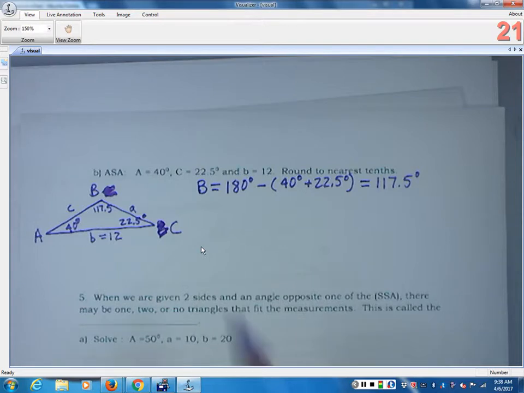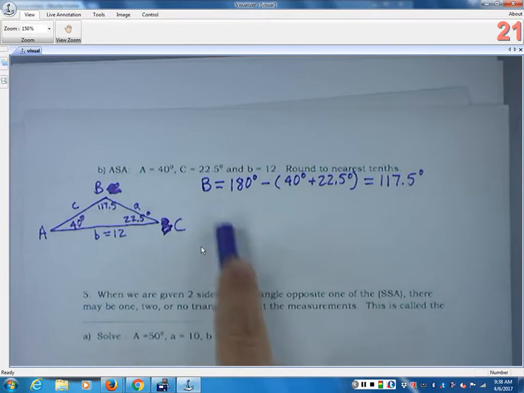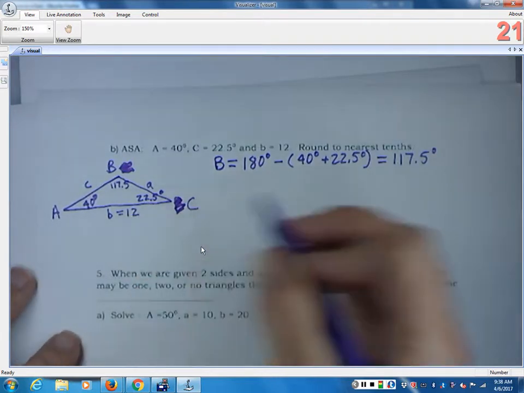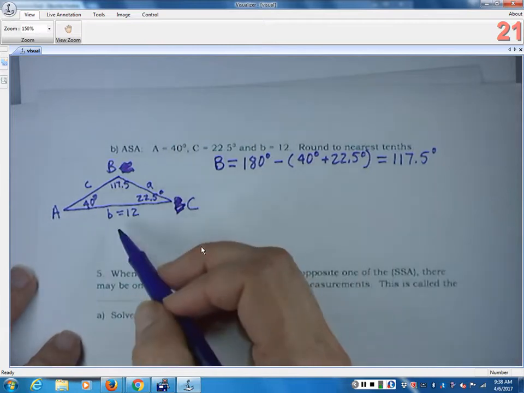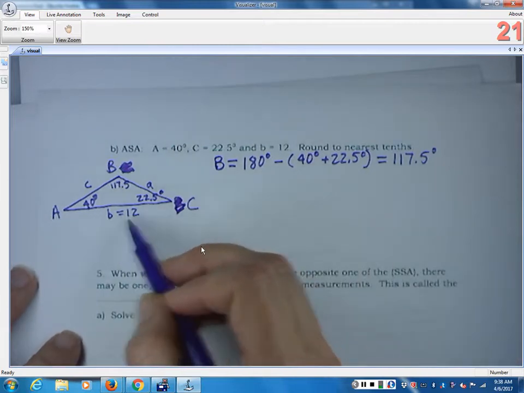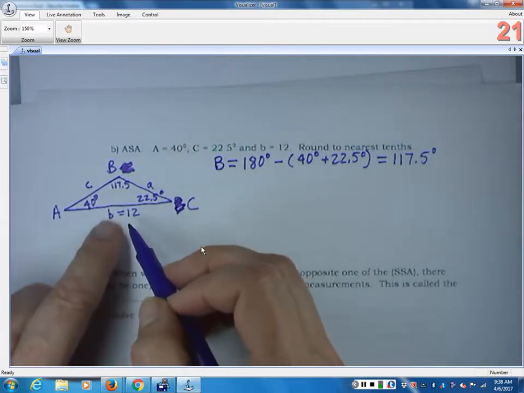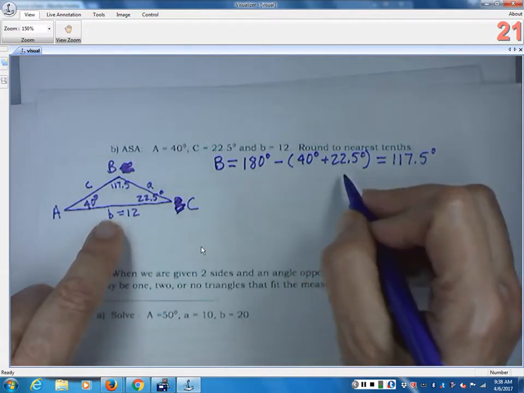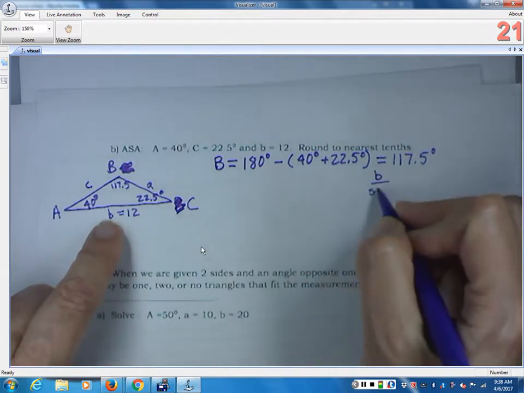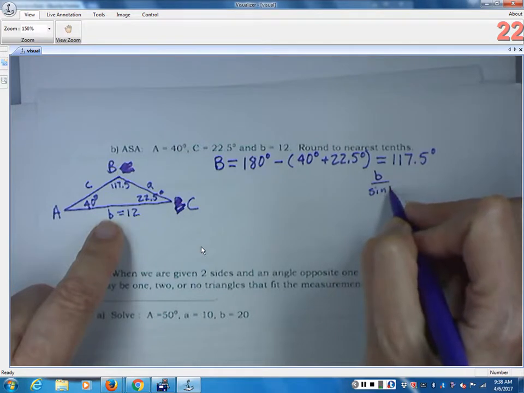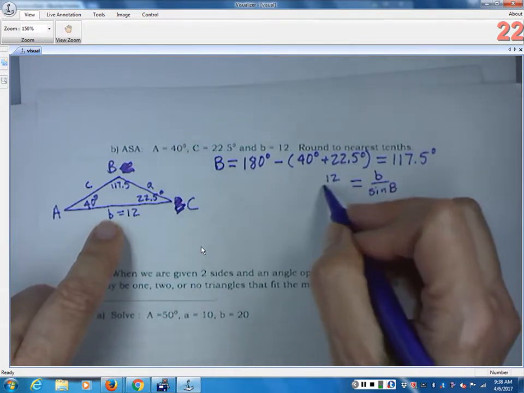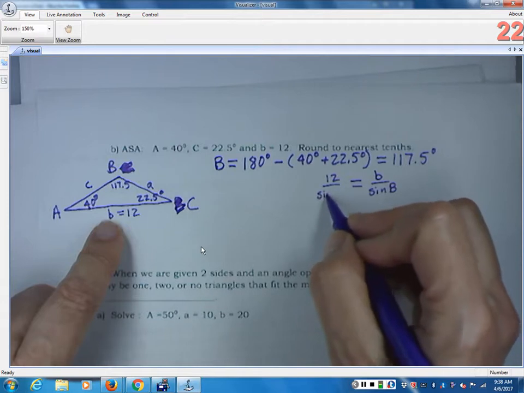Since we have two angles, we find your missing angle, and now you're going to find your missing sides. You're going to use the known ratio, which is b over sine B, which is 12 over sine 117.5.